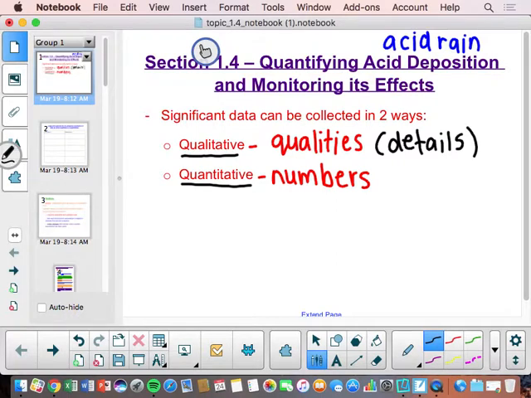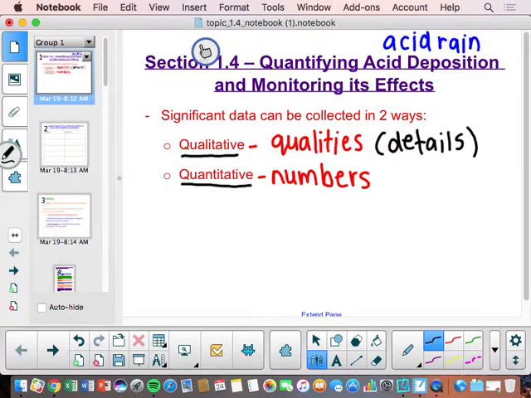So as scientists, we always take in both of these. We always write down qualitative and quantitative. Especially as a biologist or environmental scientist, being out on the land, you're not going to just test some water. I can test the water, yeah, I get a pH of this, but we need to write down some other things. So we want to write down the temperature.